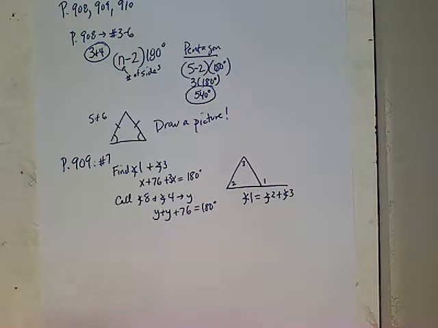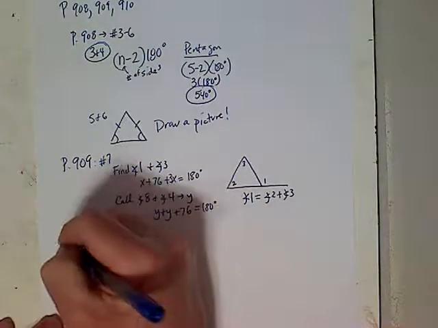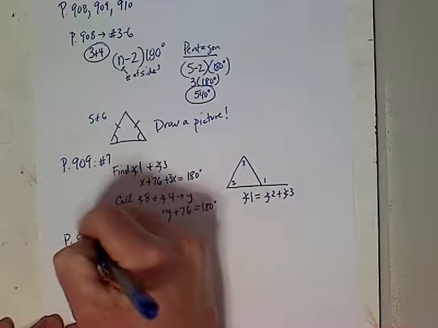You can also use the idea of linear pairs: the sum of linear pairs is 180 degrees. That's a key for you there. Number 7 on page 909 is kind of a tough question. It takes a little bit of time. Don't get frustrated right away and give up. Keep trying for it.